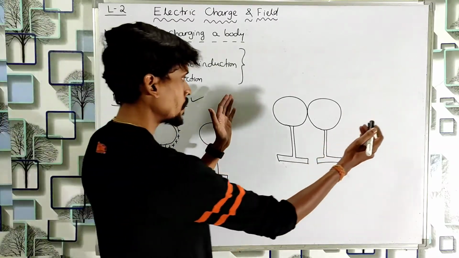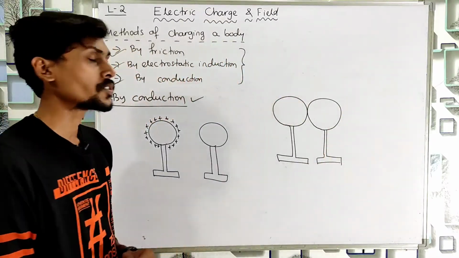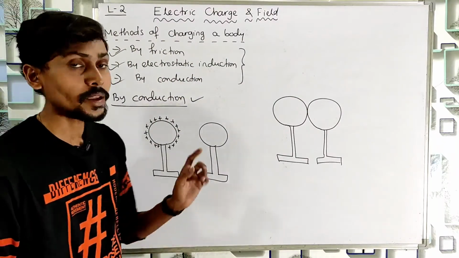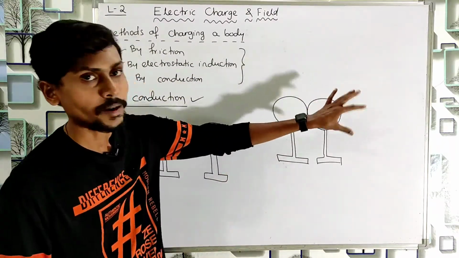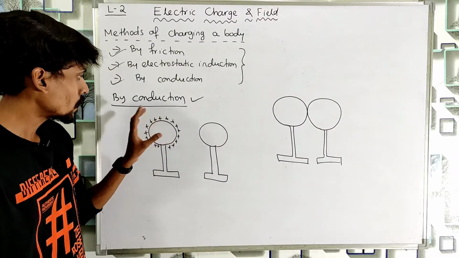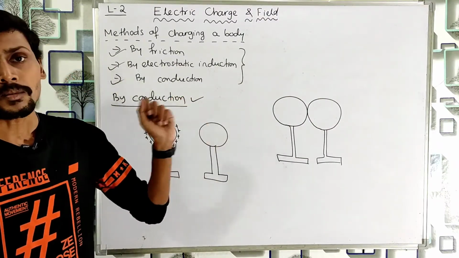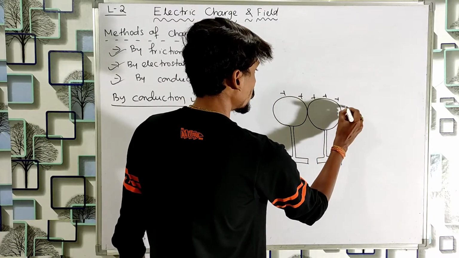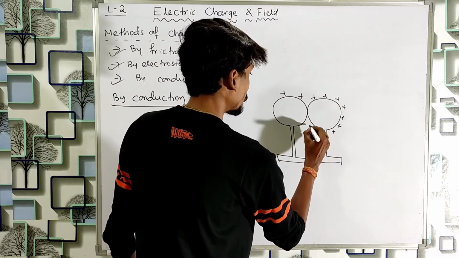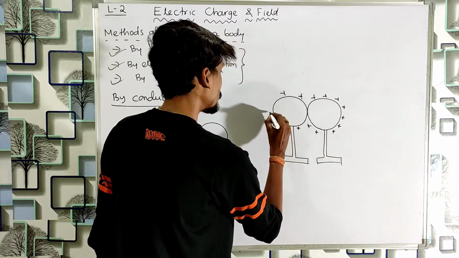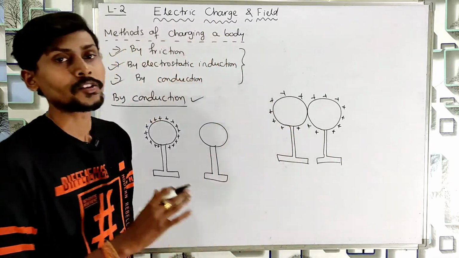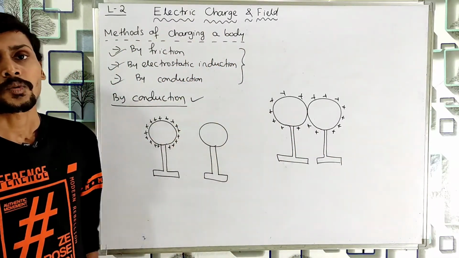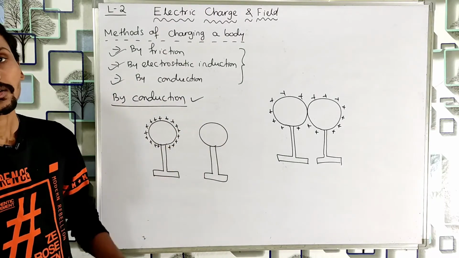But now when I bring the two bodies in contact with each other, then they will get more area. That's why some of the charges will be conducted to the second body. Now you can see that the charges will have more area, and that's why they can stay at more distance from each other than in the first case.